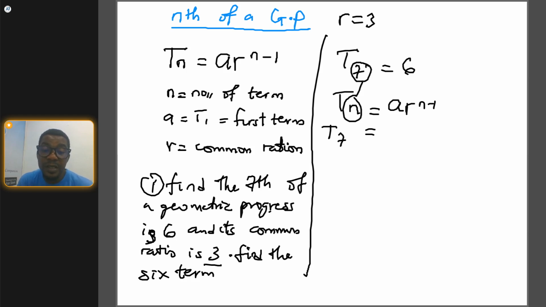If you are given the common ratio, which is r equals 3, now we have to solve to get the seventh term. That is a r raised to n minus 1.